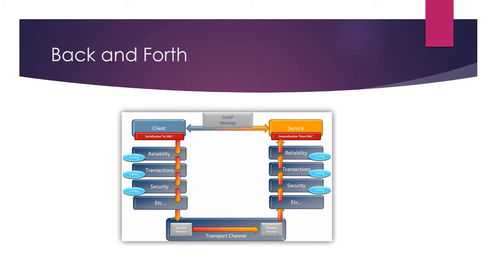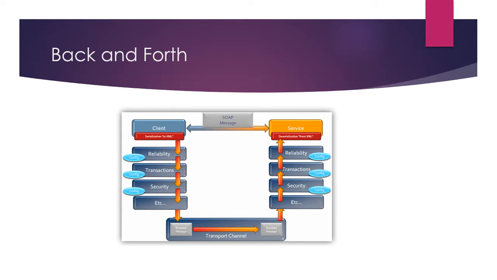As they're doing this, they will both be utilizing the network stack on their machine that gives them these WCF capable messages. So our client will be going through this series of formatting requests, basically.